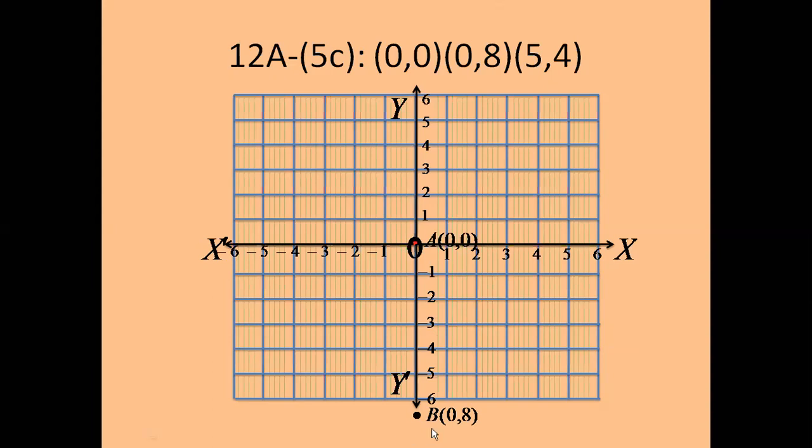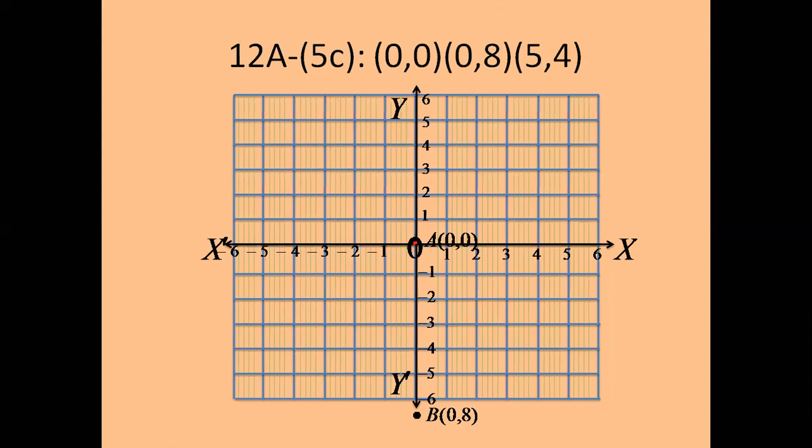I gave the axis name only up to 6, so it will be more than 6. So 0 is the x value, that will be the center point. Then the y value will be 8.